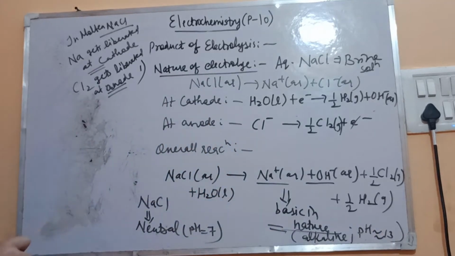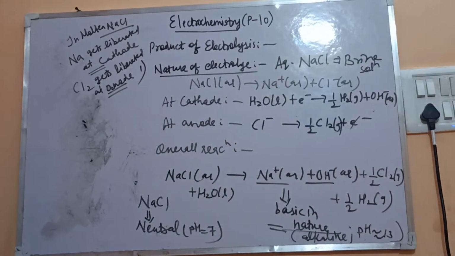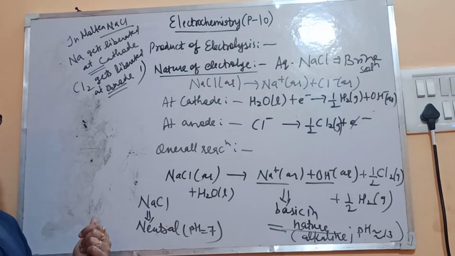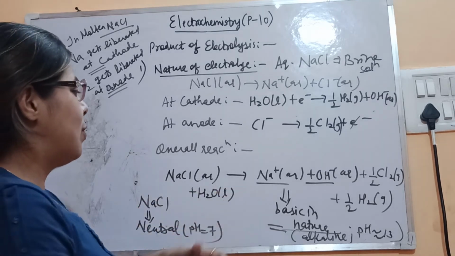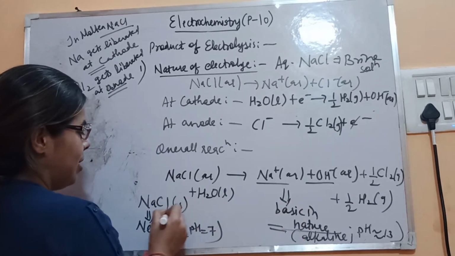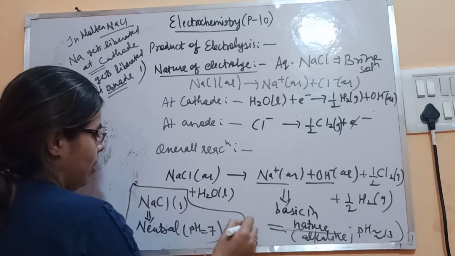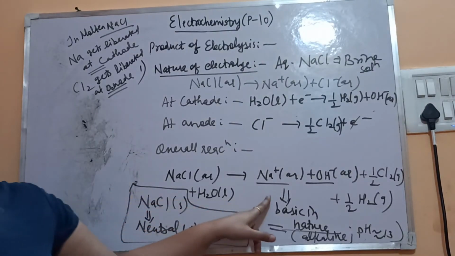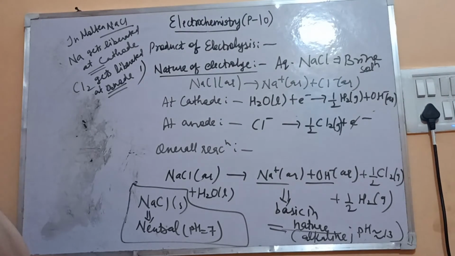So this is the difference. The normal NaCl salt is neutral, as we say that it is formed by the combination of a strong acid and a strong base, that's why it is neutral. But the aqueous solution is not neutral because of the formation of basic substance. This is the solid part. So this is the difference. But you have studied in 10th standard, now we are finding it is basic in nature.